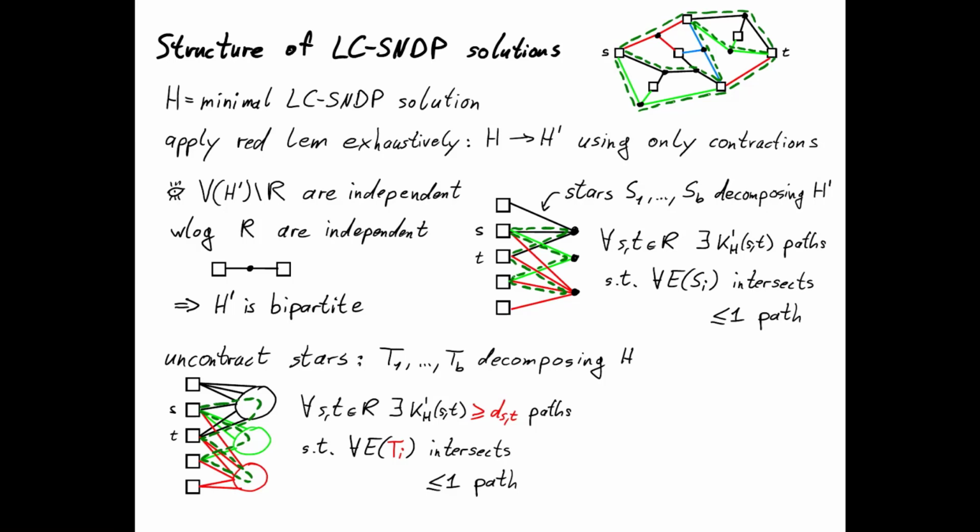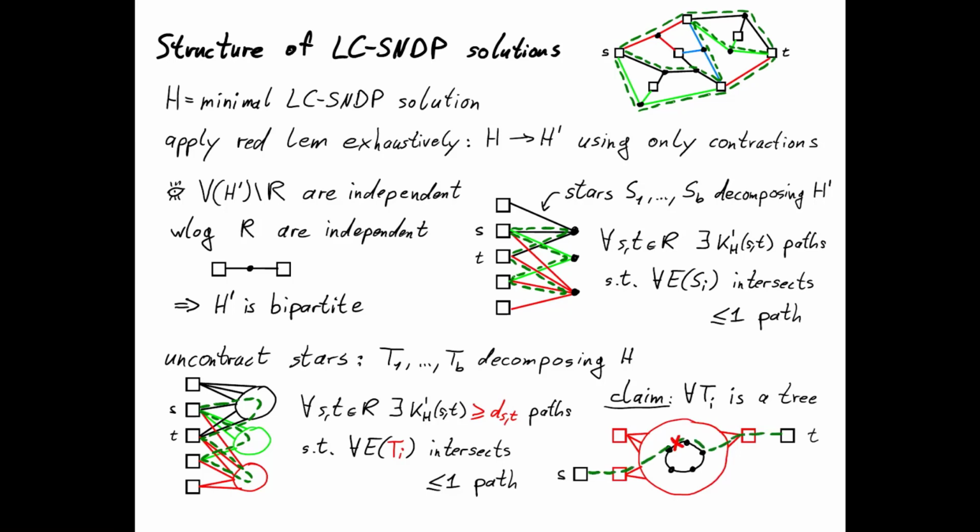So the only thing I have to prove still is that each of these graphs T_i is a tree. And why is that? Well, let's take one of these graphs T_i and assume it's not a tree. So then there's a cycle somewhere. Let me just remove any of the edges along this cycle. So what could happen? It could happen that some path between s and t that I need for the connectivity ran through this edge, and this might create a problem.